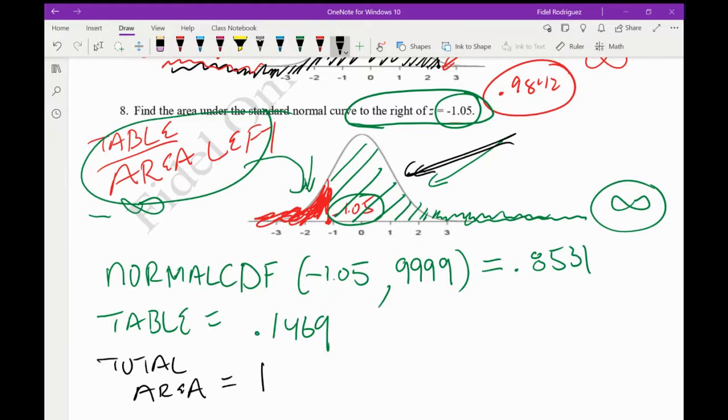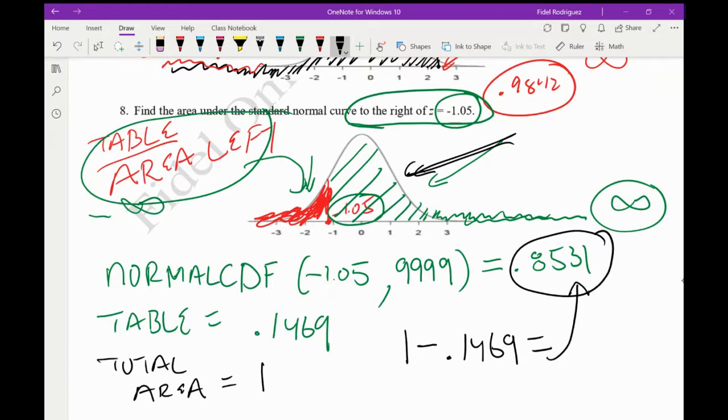So when I want to find this piece here, I'm going to say, let me take 1 minus 0.1469. And if I take my calculator and I take 1 minus 0.1469, we come up with 0.8531. So I can still use my table if I want to. I have to do an extra step, but I can still do that, okay?